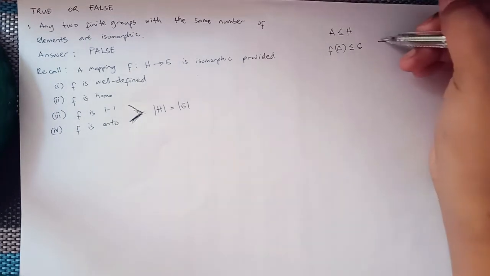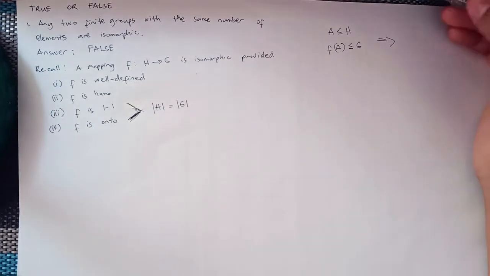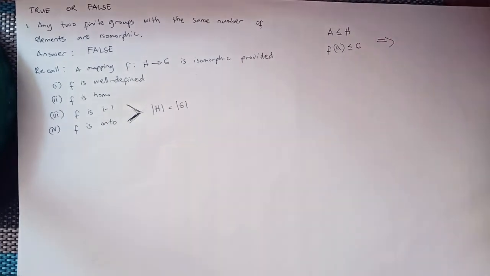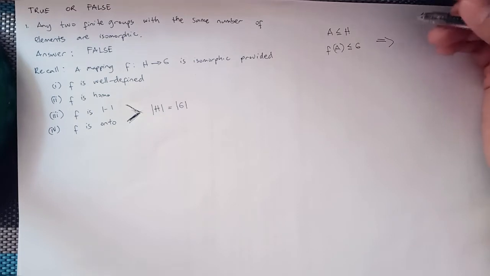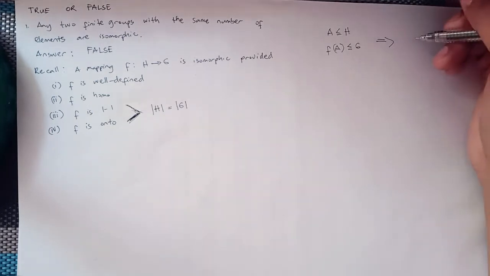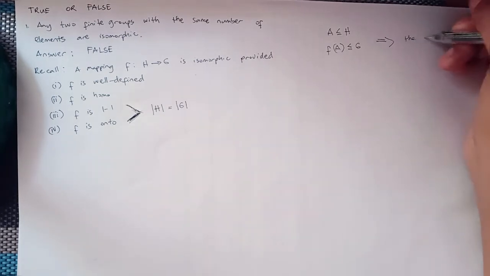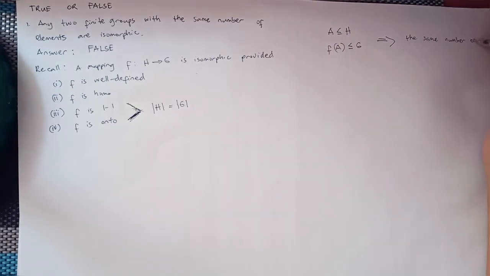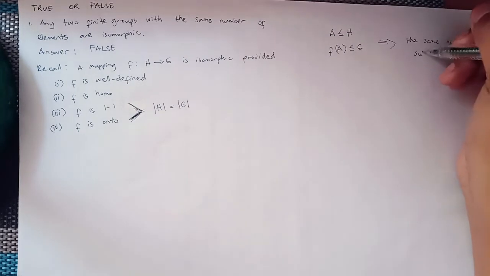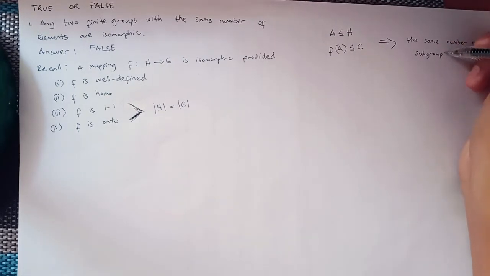So this would imply that the number of subgroups of H and J are equal. So they have the same number of subgroups.